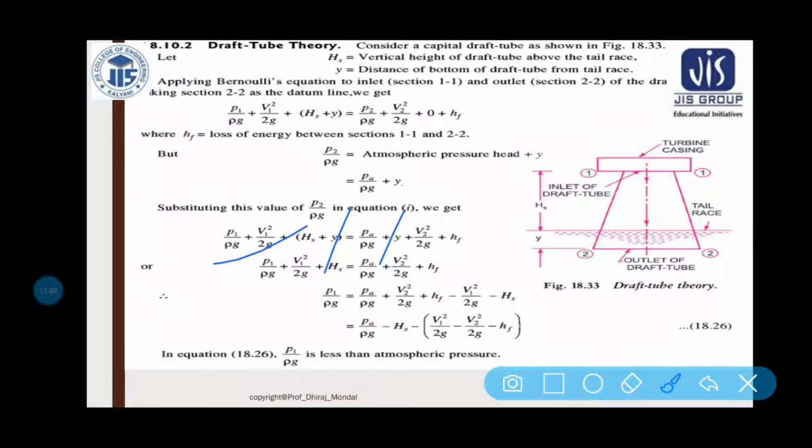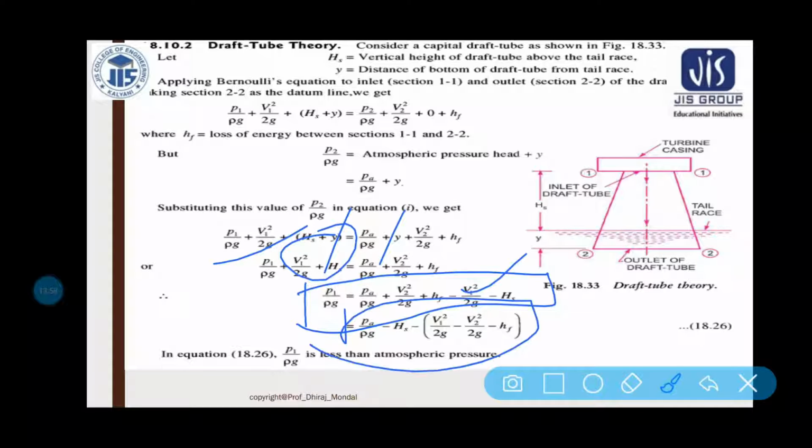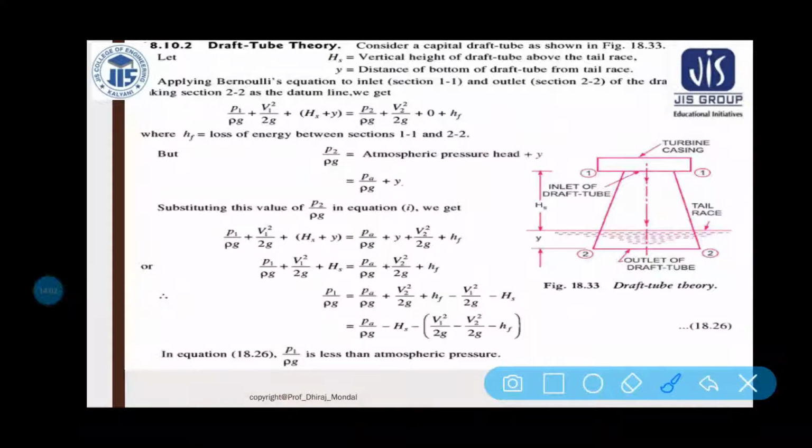Now I can write P1 by rho g by taking the other values to the right hand side. So here is the main thing: P1 by rho g can be written as Pa by rho g minus Hs minus this term.